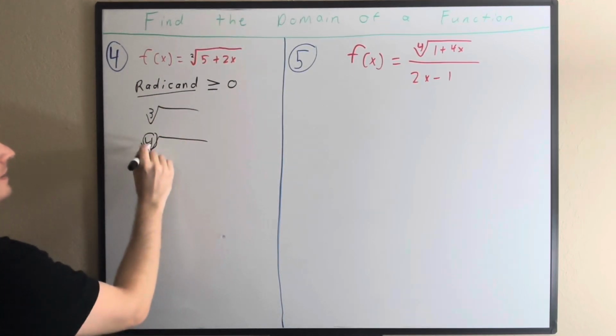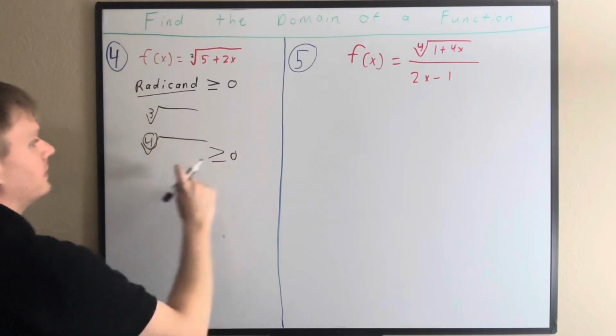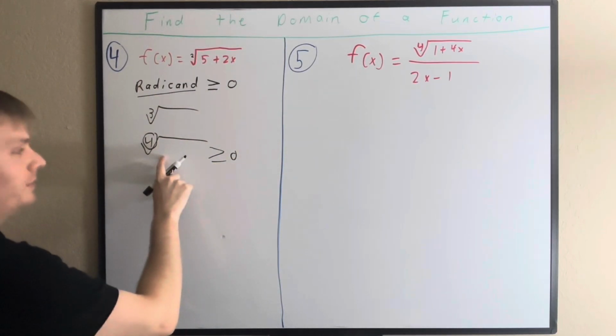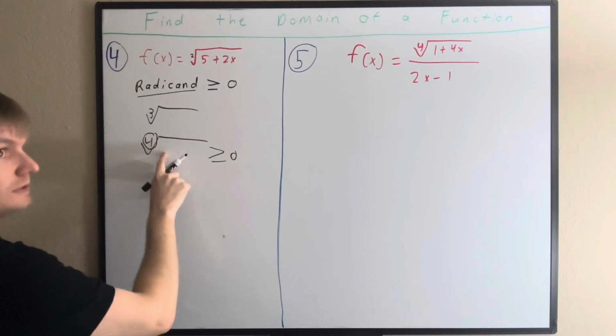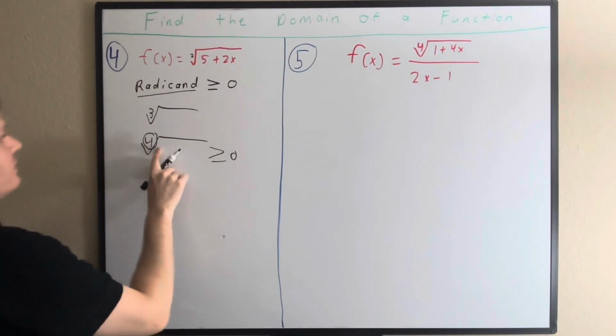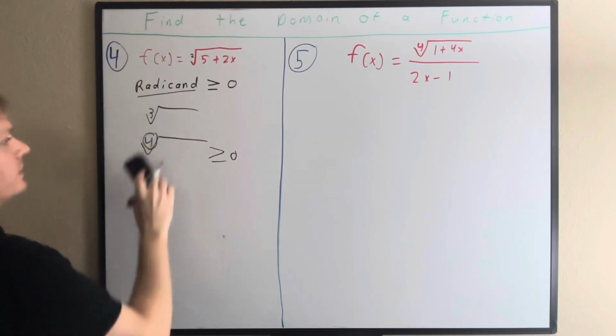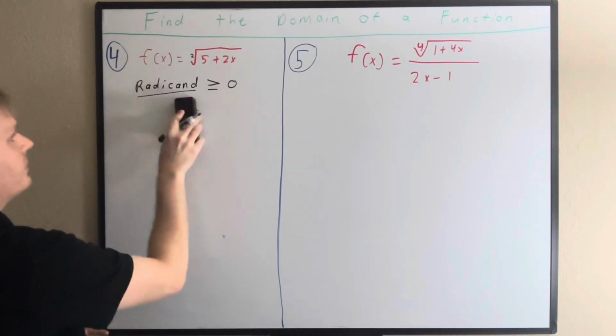Anything with an even number must be greater than or equal to 0. Any root with an even number, even numbered roots, or even root, if you know what that is. I hope you remember. If you say even root, then it must be greater than or equal to 0. If it's an odd root, then it's fine.